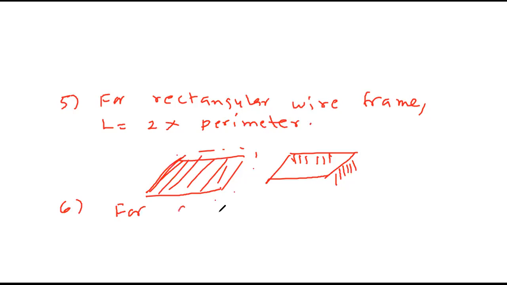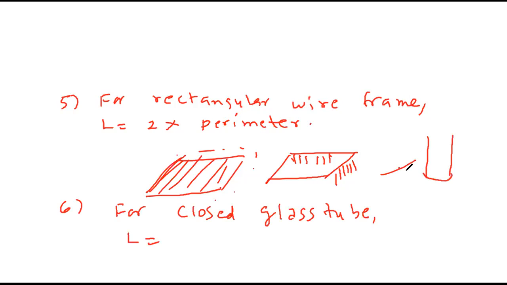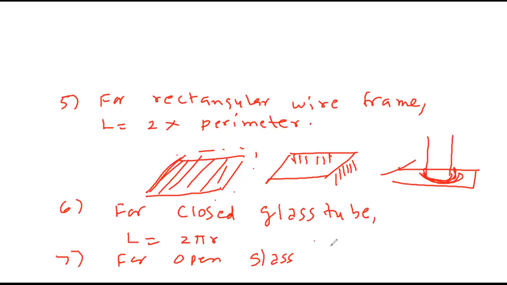6. For a closed glass tube, if this is one glass closed and you put this on the water surface, only that outer part will be in contact, so it is just the circumference. For an open glass tube, again when I keep the open glass tube vertical, this part will behave like a ring, so it will become double the circumference. So based on this they can ask you to find the force due to surface tension.